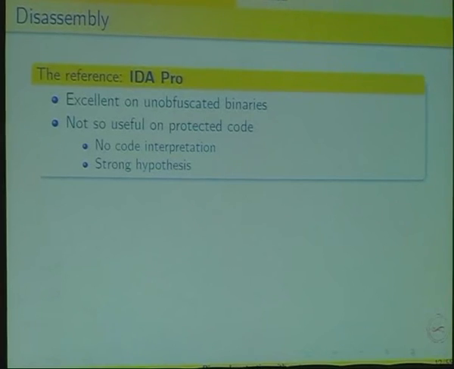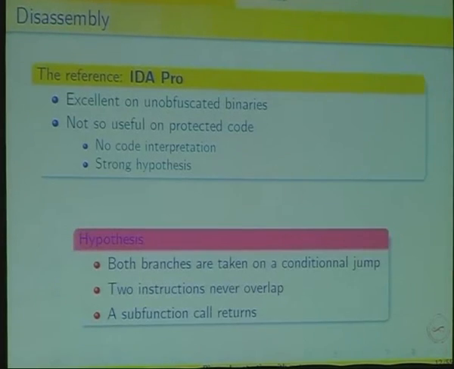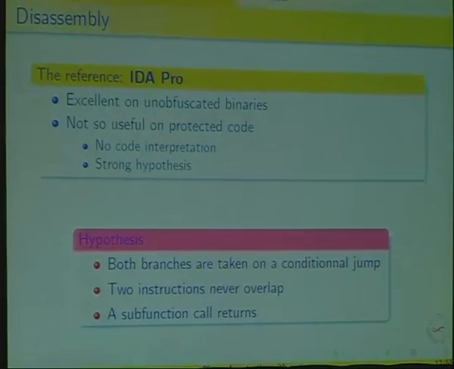But when you deal with protected code, you hit some very hard limitations of this software, because it's quite dumb. It does no code interpretation, and it has some strong hypotheses on the behavior of the binary code. So to see some of those hypotheses, when IDA analyzes a program and finds a conditional jump, it will assume by default that both branches are taken.